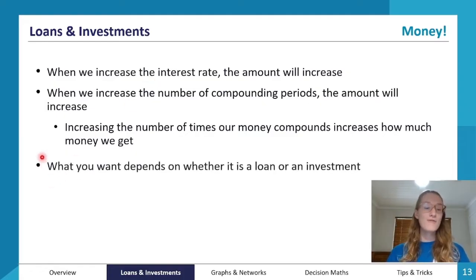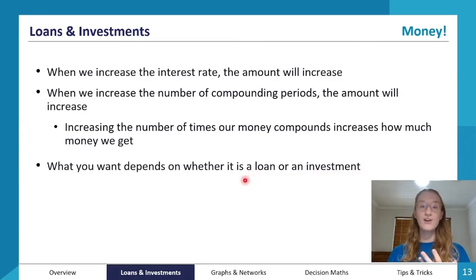And this is what I said before, and this is a very, very important thing to take note of, and something that's going to be really important in a lot of the questions that you get asked. Whether you want a higher or lower interest rate, or more or fewer compounds per year, depends entirely on whether it's a loan or an investment.